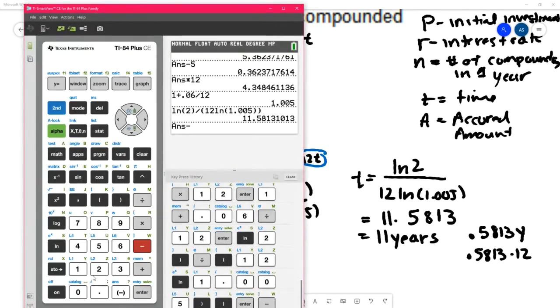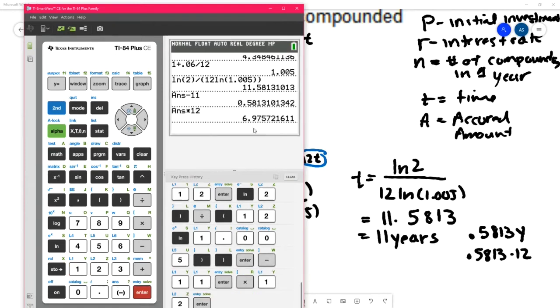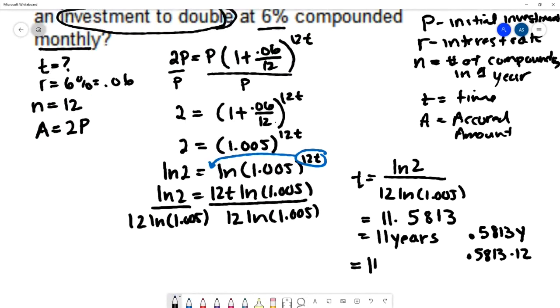I'm going to subtract 11 so I can get just those decimal places. I'm going to multiply that by 12. Now we have 6.975. So we have 11 years and 6.9 months.